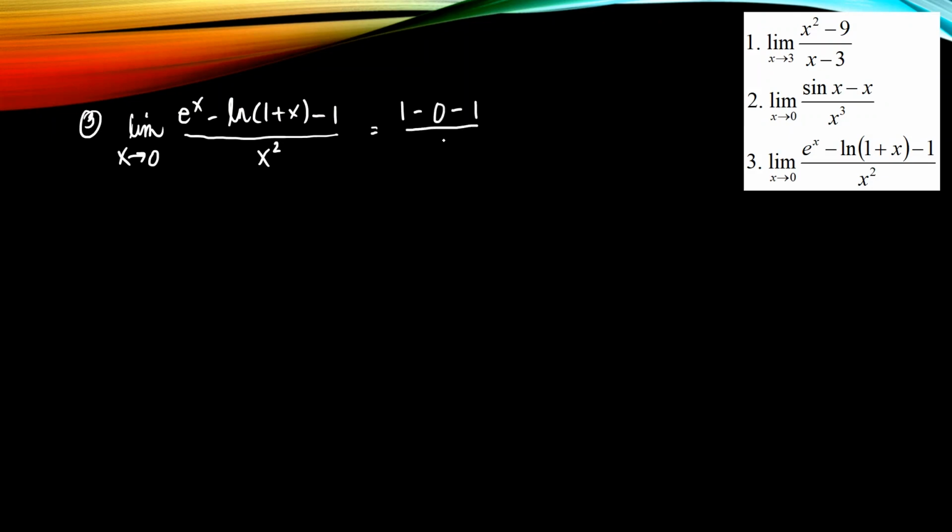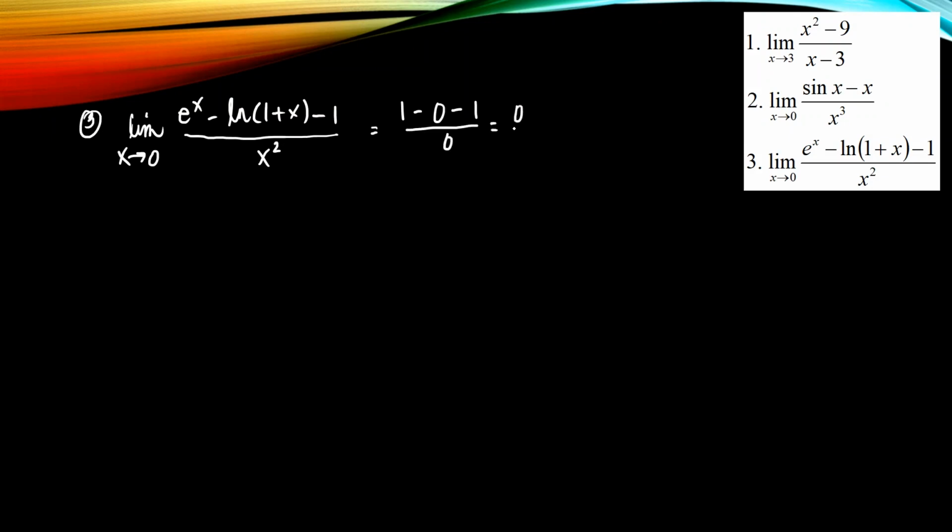Number 3, limit as x approaches 0 of e to the x minus the ln of 1 plus x minus 1. It's quite an ugly example. It's quite long. So e to the 0 is 1 minus ln of 1 is 0 minus 1 over 0.